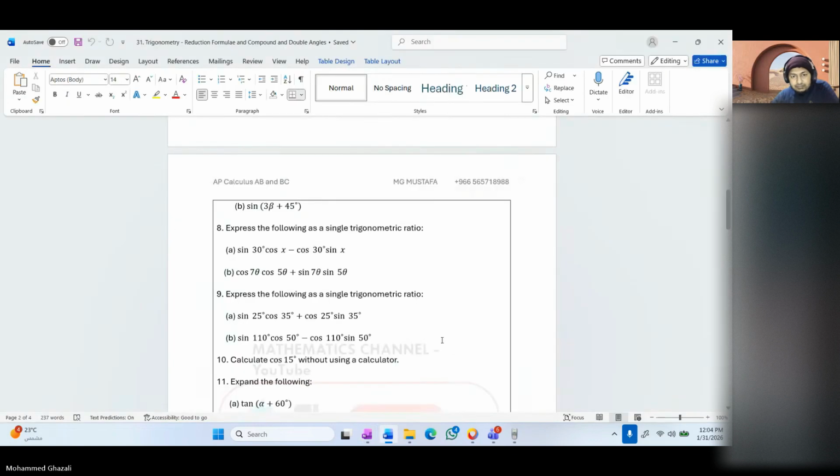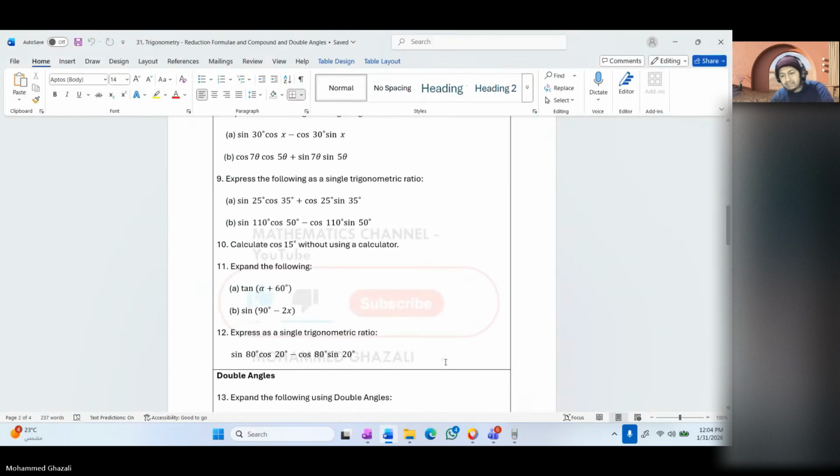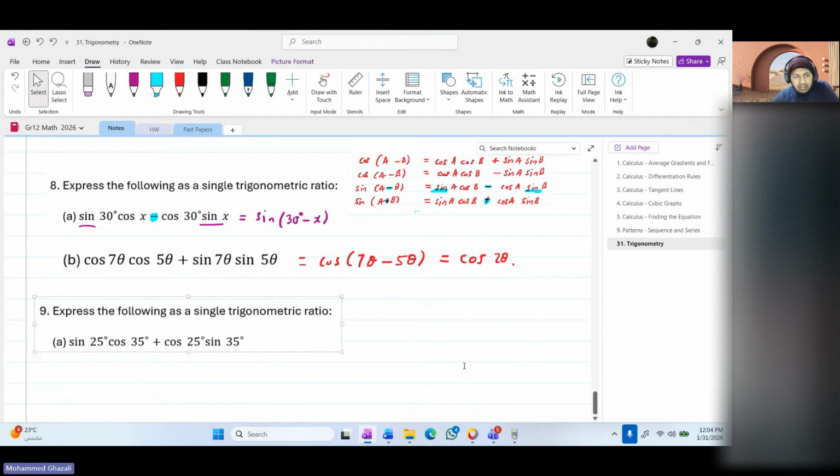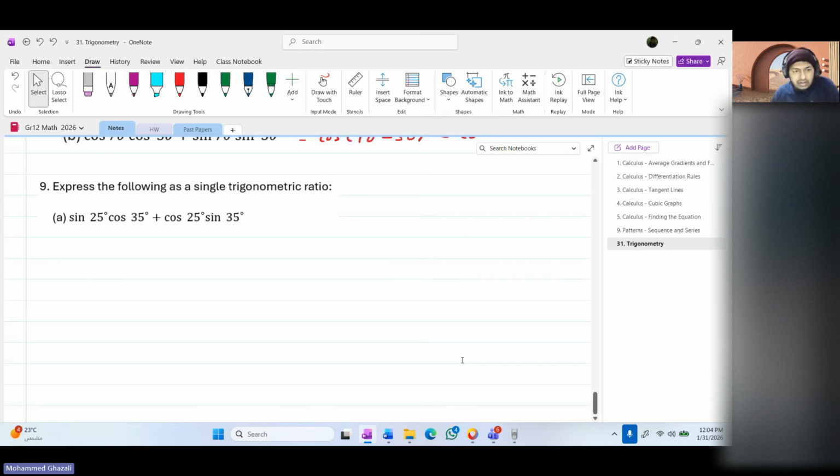Next. Look at question number 9. Express the following as a single trigonometric ratio. So we got sine 25, cos 35. So we got sine, cos, cos, sine. Okay, so that is easy.